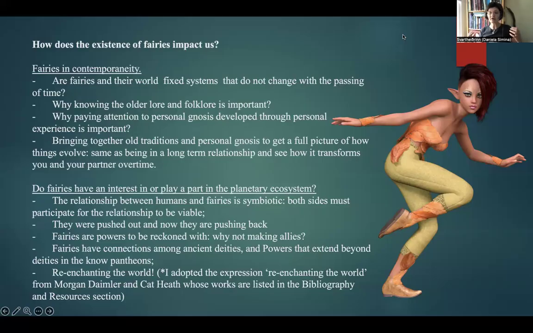Because all these socioeconomic and political factors have influenced our perception and our relationship to the world of fairy, the world of spirit, and the denizens of the natural world and the spirit world in general. And these changes have not always been for the better.